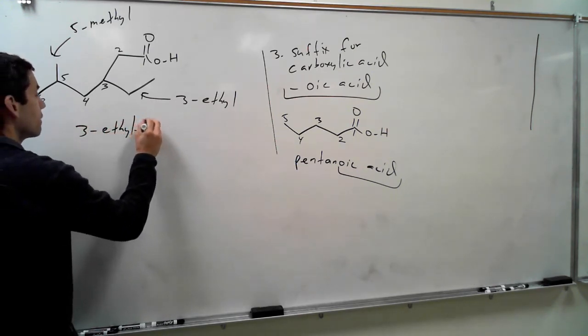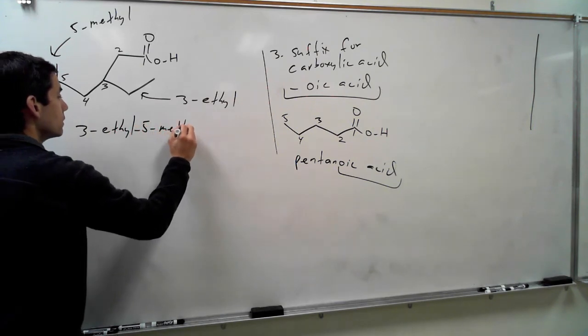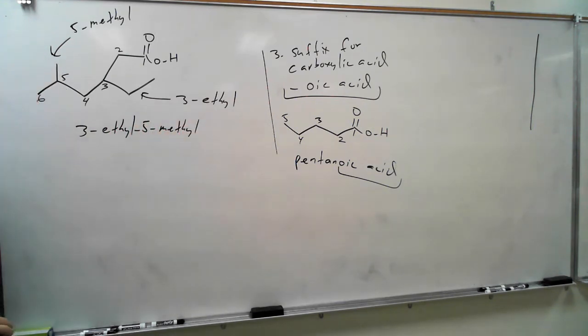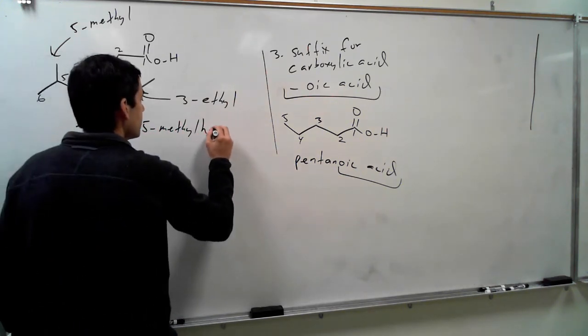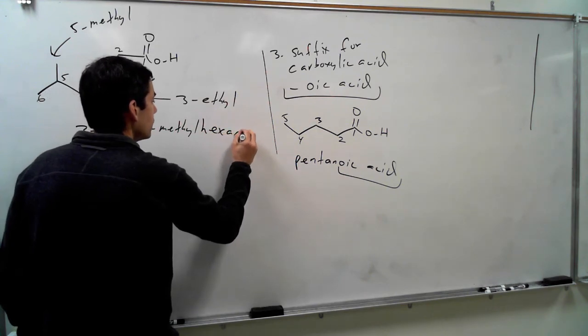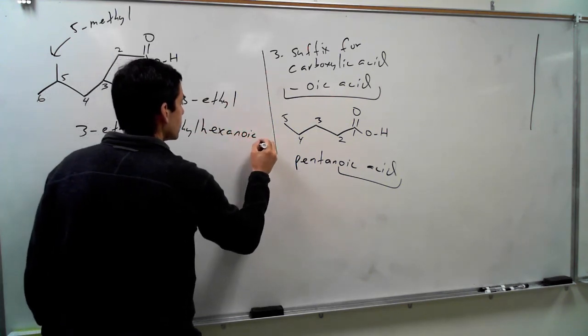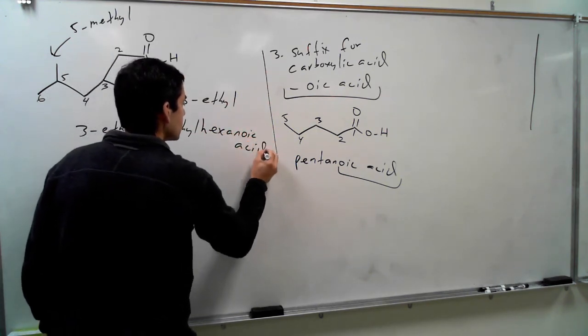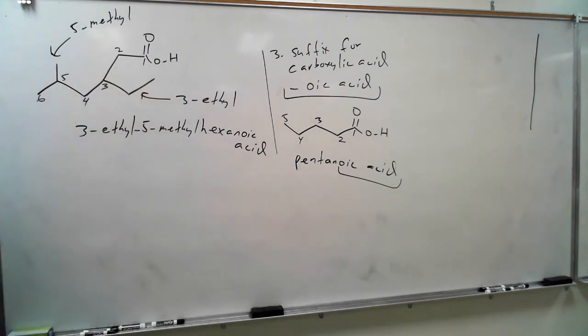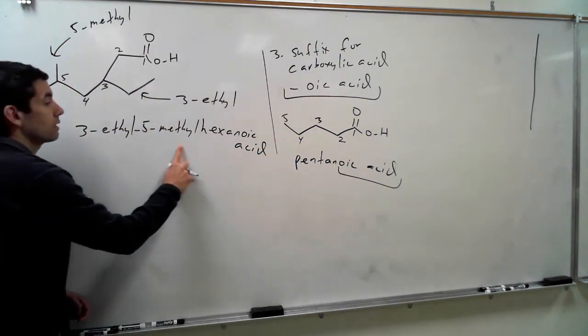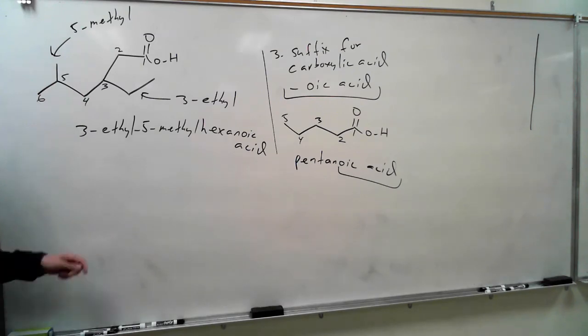We're going to have a 5-methyl. And then what's going to be our parent chain in this one? Remember, 6 carbons, so it's going to be hexane. In this case here, hexanoic acid. Right? Hexanoic acid.